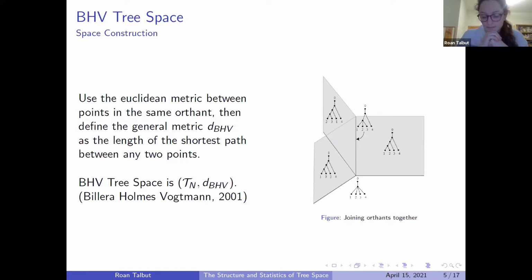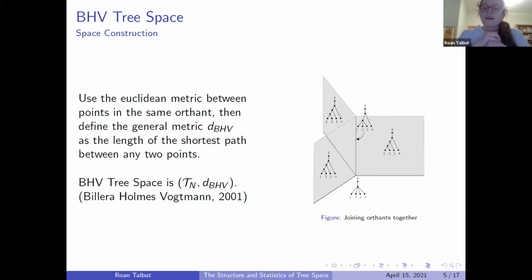And then the metric on the entire space can just be defined as the shortest path between 2 points. So here we have one central line, which corresponds to the case where 1, 2, and 3 all split from the same vertex. And then coming off from this line, we have 3 different orthants, which correspond to the 3 different ways we can resolve this degenerate topology.